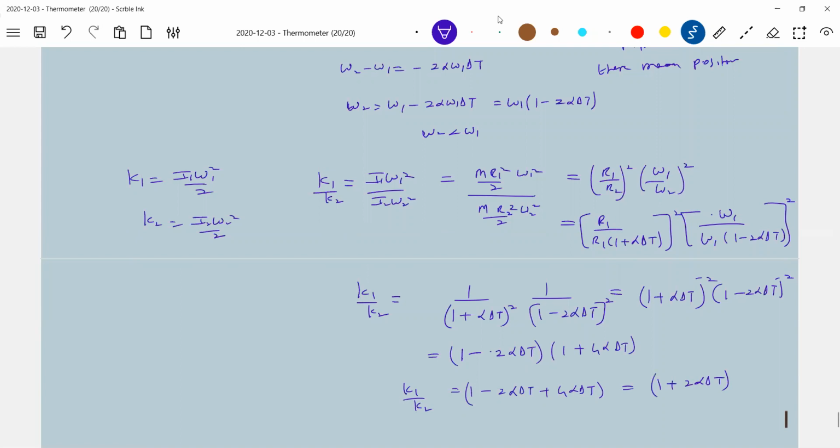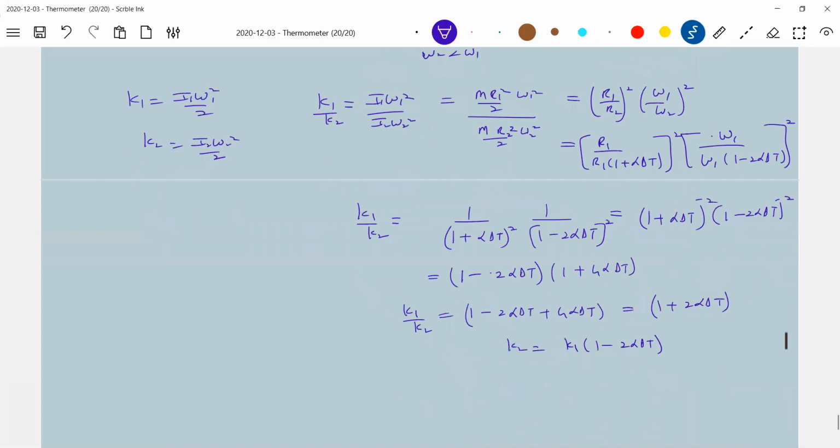Is there any change in kinetic energy? So what is K2? K2 should be equal to K1, binomial expansion, or I'll write one more step.